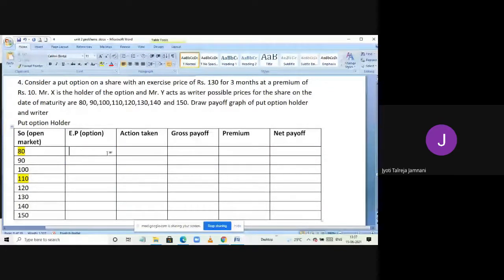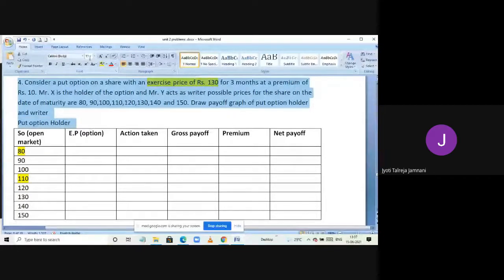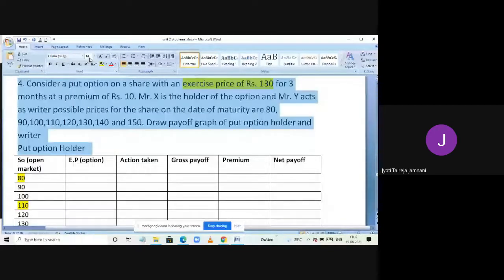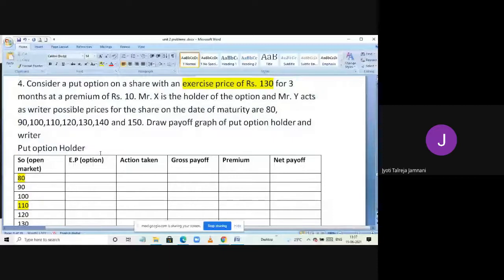Exercise price of the option is given here. Exercise price is rupees 130. So we'll take the exercise price as 130 in all the columns.